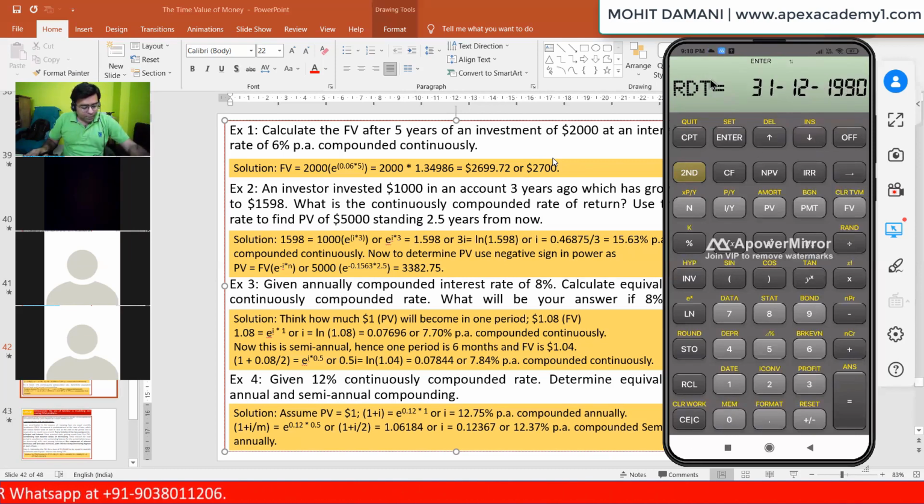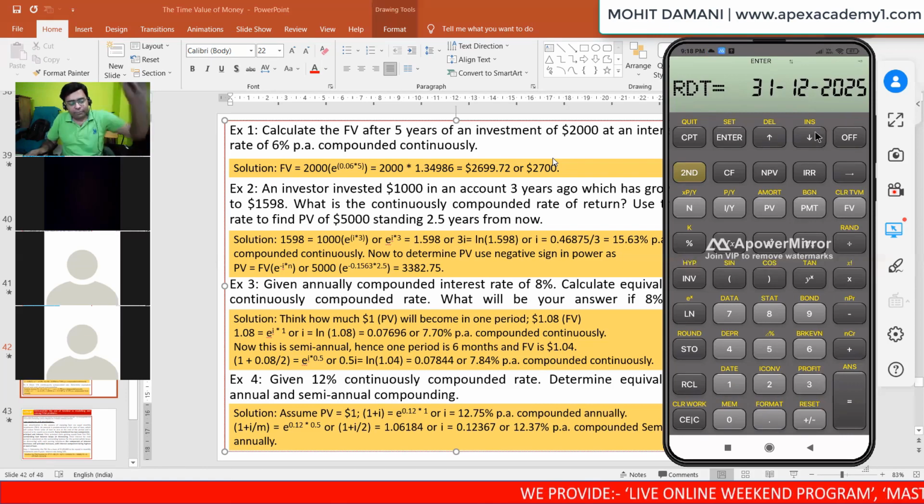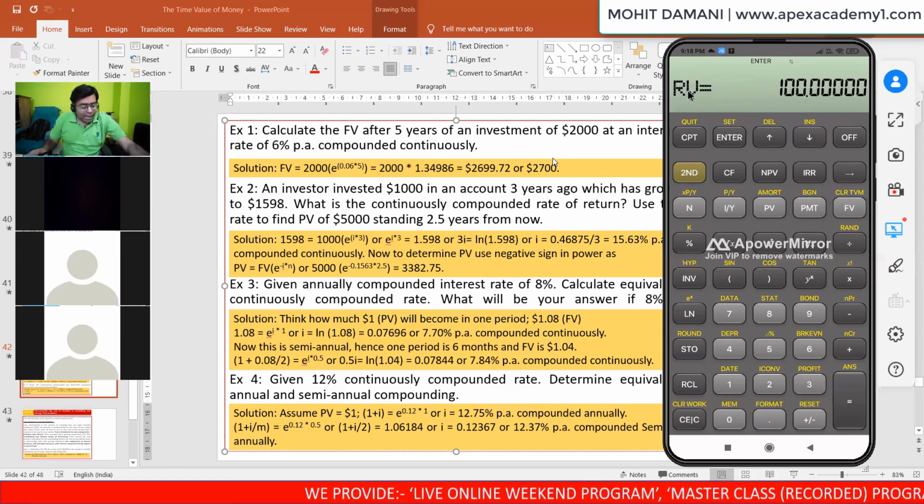Arrow down. The redemption date, that is the final maturity date of the bond. Let's assume the bond matures in 2025 December. So that is 31st.1225. Enter. 31st December 2025. Okay. Arrow down. RV stands for face value, that we have taken 100 only.